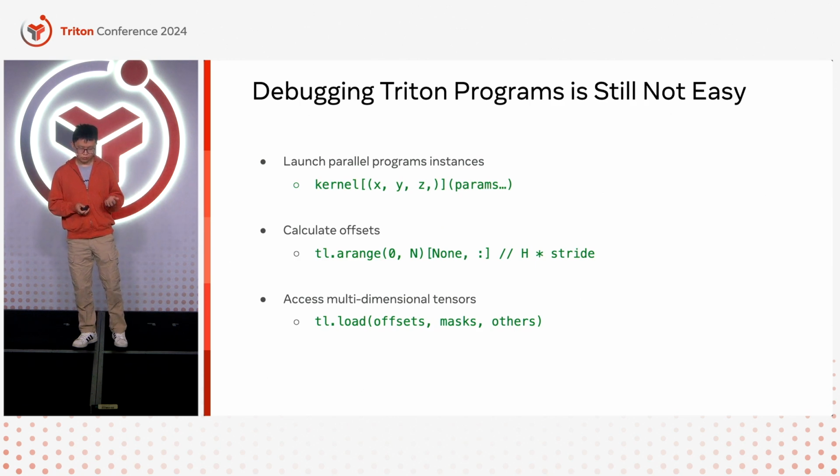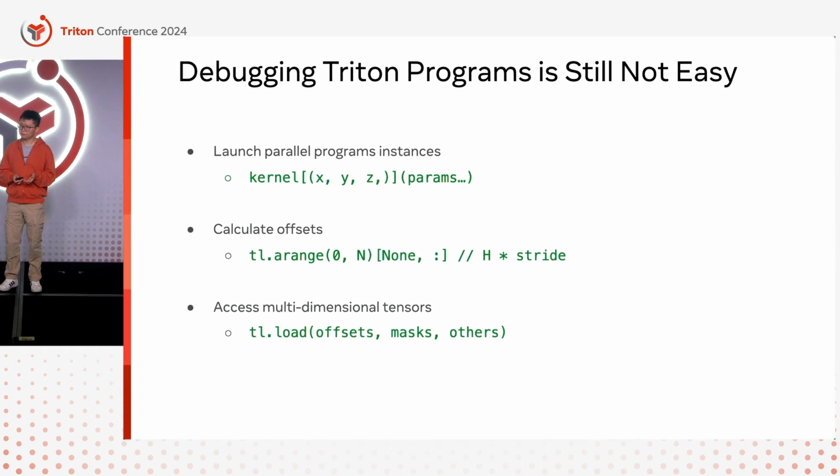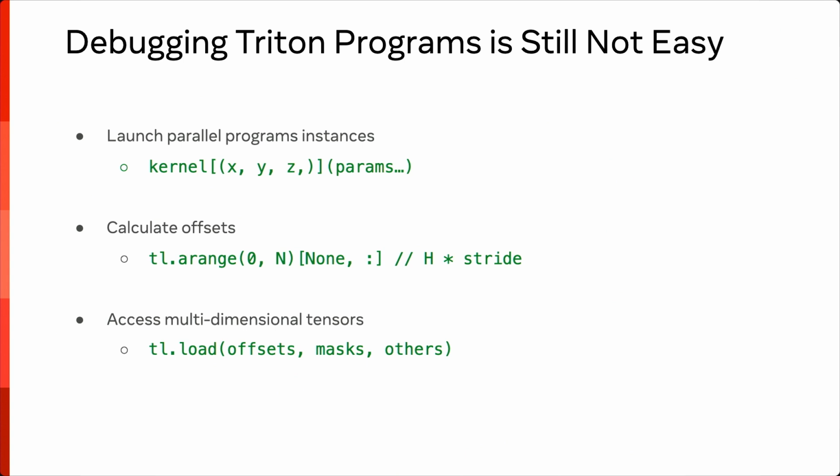So although Triton has been trying to simplify GPU programming a lot, debugging Triton programs is still not easy. You still could have out-of-boundary memory access problems and other problems we have seen before, because we still need to launch parallel program instances.